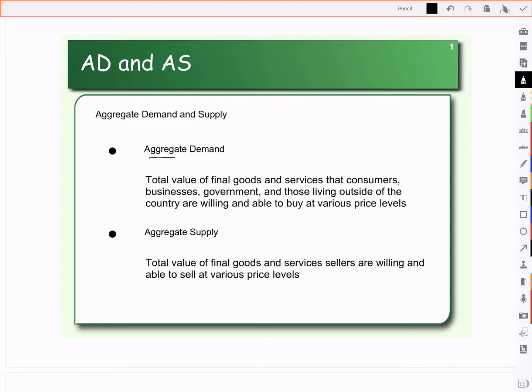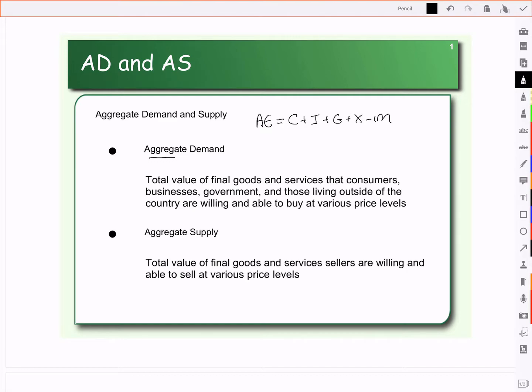And that takes us back to the discussion we had about who demands the goods and services in our country. If you recall, the total spending in our economy, aggregate expenditures, is equal to C plus I plus G plus X minus IM. So when we look at total spending in our economy, we can break it down based on who does it.